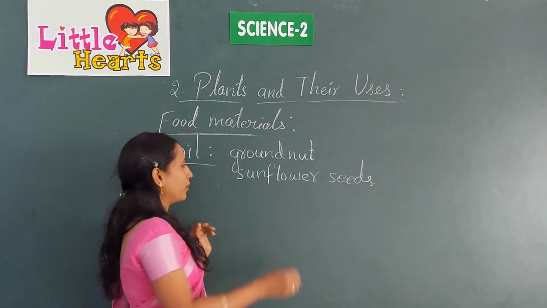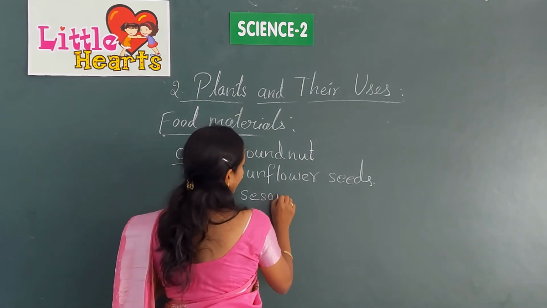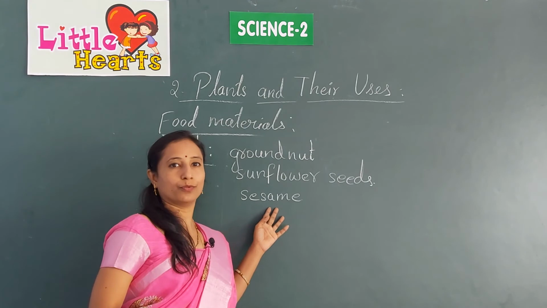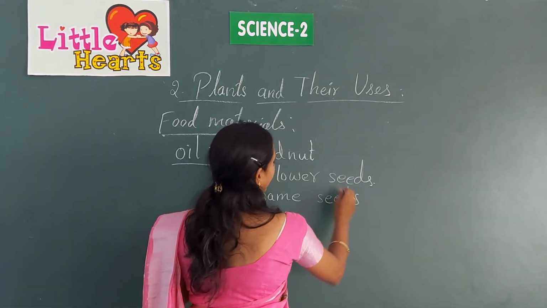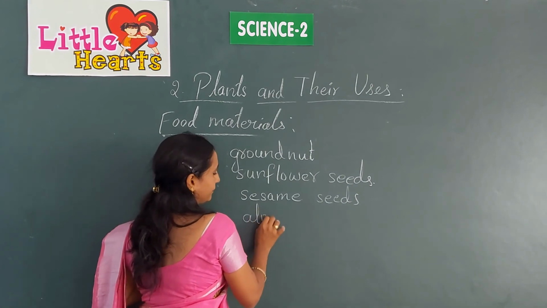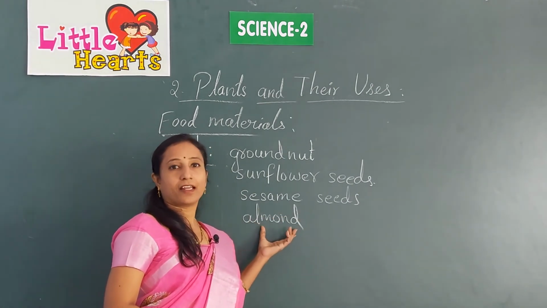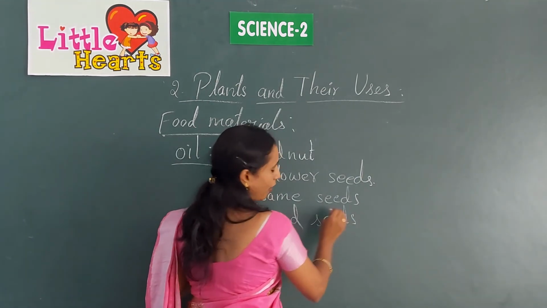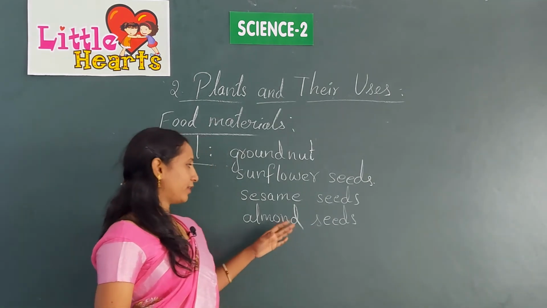And one more is sesame oil. Sesame oil means nuvulu. Sesame seeds, we get sesame oil. And almonds, you know, hair oil you get. Almond seeds, we get almond oil, which is used for applying to the hair.